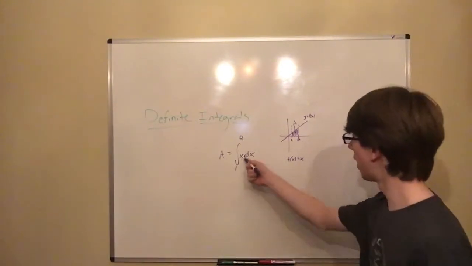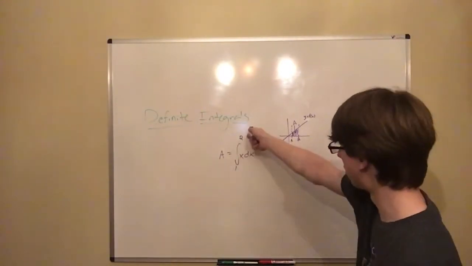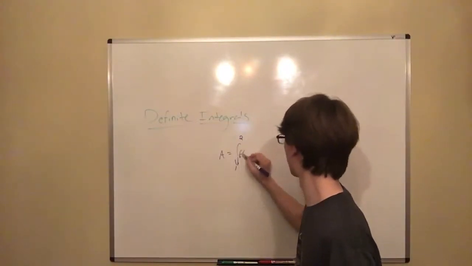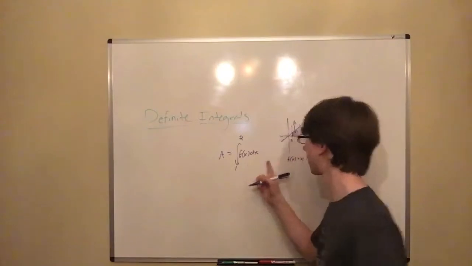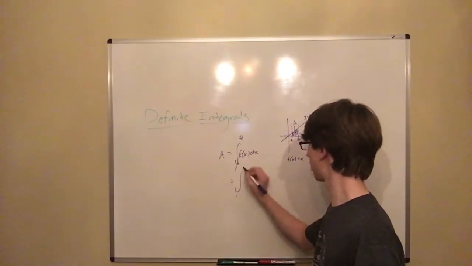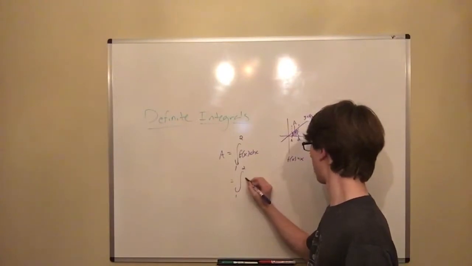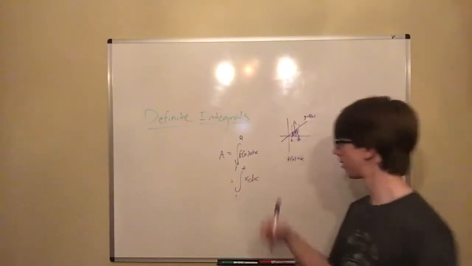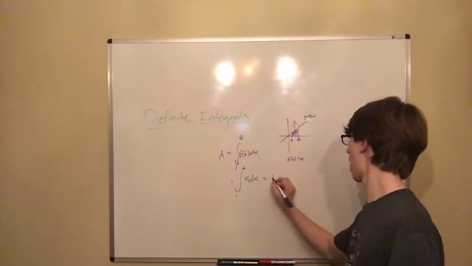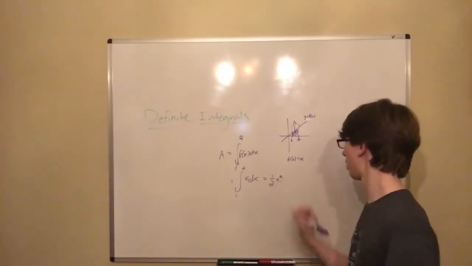And so the area from 1 to 2 of f of x dx is just equal to the integral from 1 to 2 of x dx. And so the antiderivative of x is 1/2 x squared.